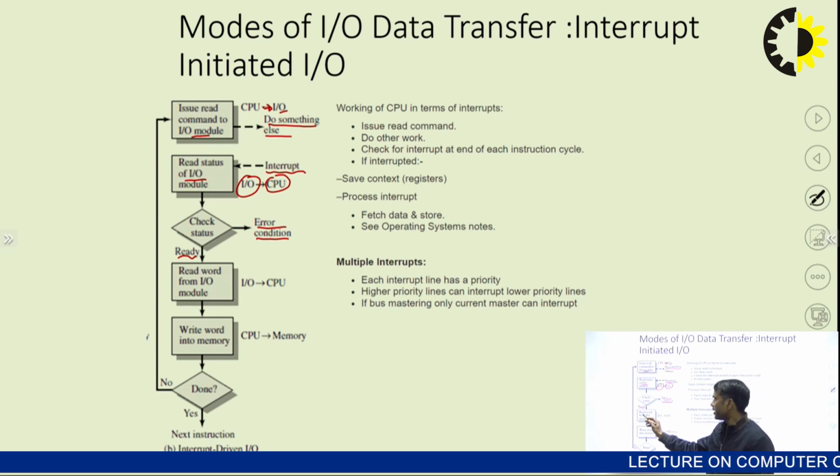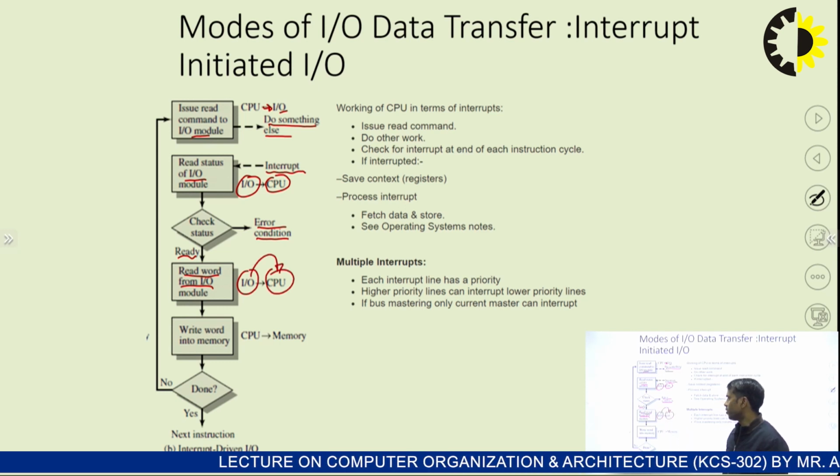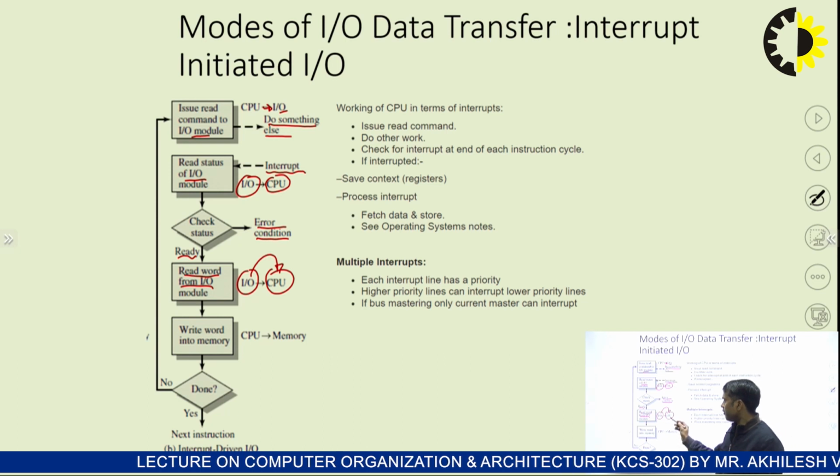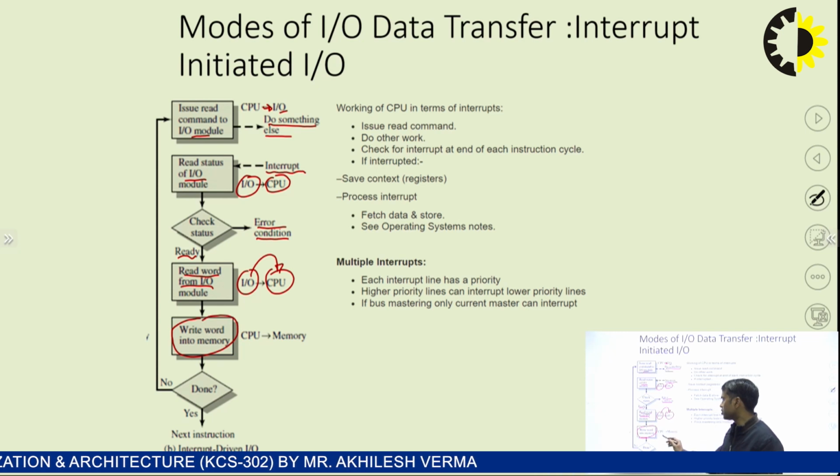Now, if it is ready, it will read the word from the I/O interface registers, and the I/O module will transfer data to the CPU. Then the CPU will signal the data transfer, and the CPU will then send the data to memory.